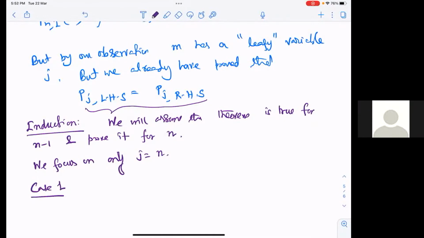So, case one. I is the set of roots, remember. So let's say n does not belong to I. Then what will happen?